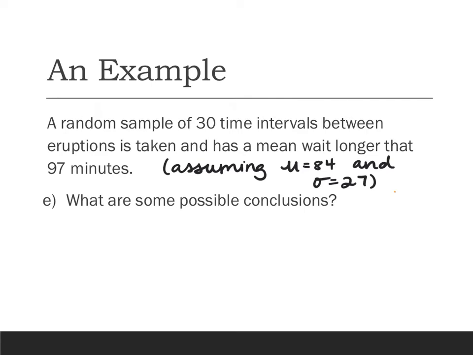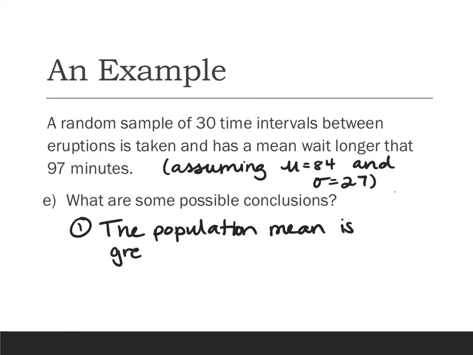So one conclusion that we could have is that the population mean is actually greater than what we expected or what we thought it was, 84.